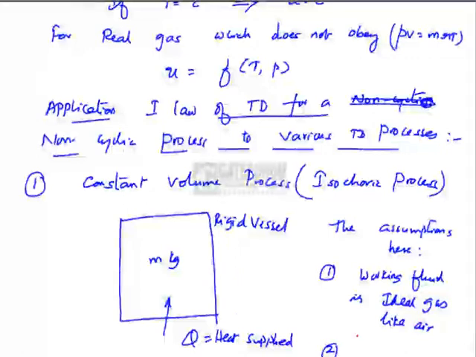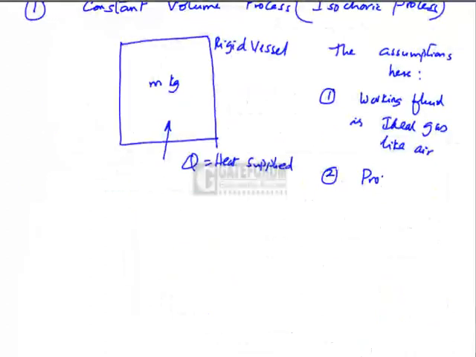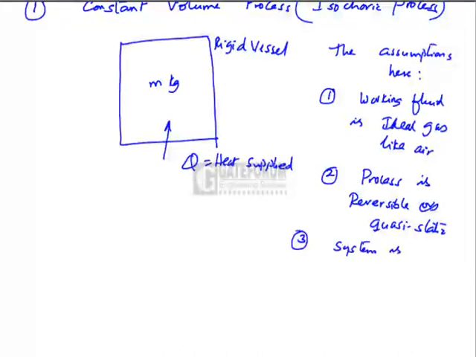Number two, process is reversible or quasi-static. Number three, system is closed.